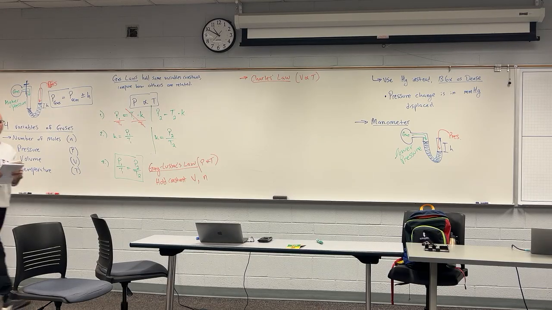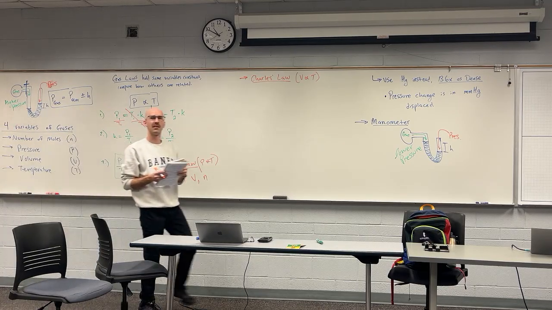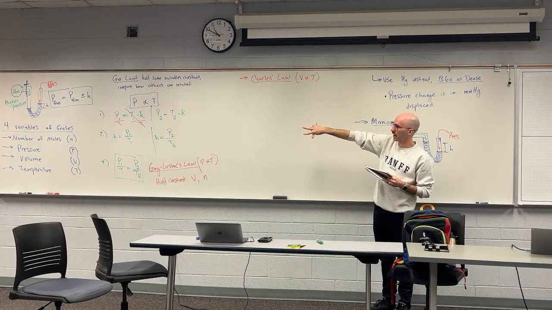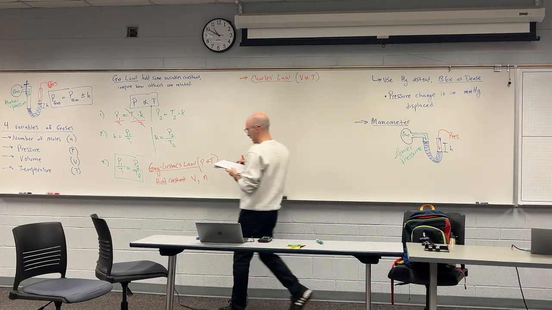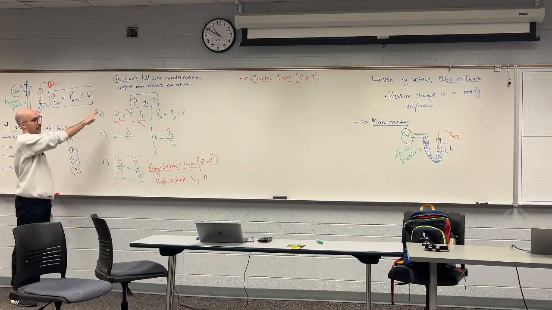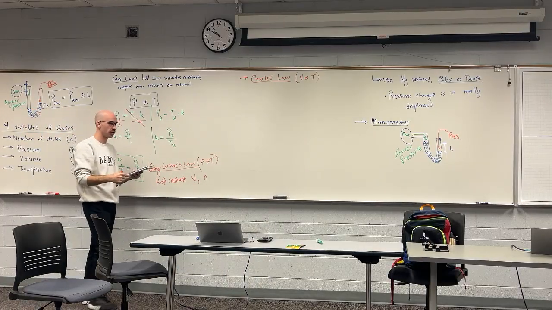Number of moles and temperature? Pressure. If volume and temperature are in here, then my other two are held constant. You can see that these are proportional in the same way that pressure and temperature were proportional.